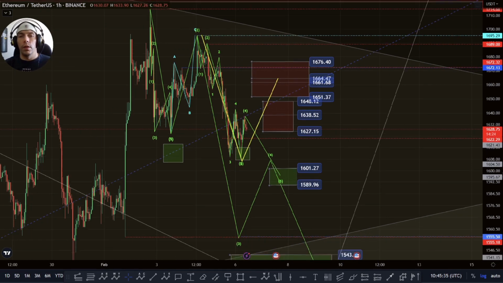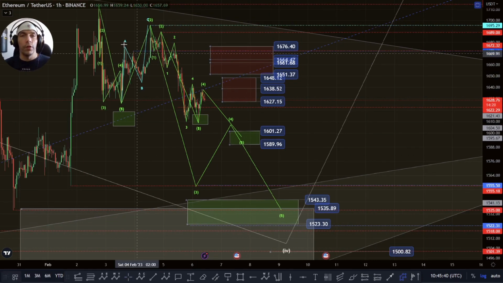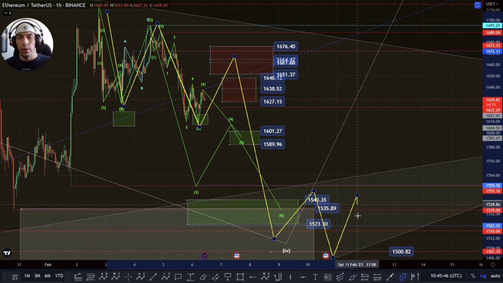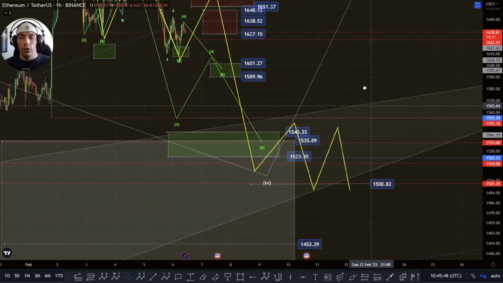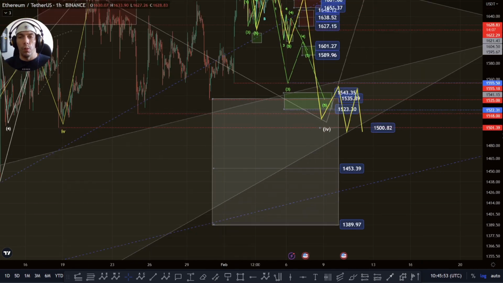So that would basically say to me that we are potentially extending here, where we get this as a 1-2, 1-2, and then actually we start to get that third, fourth, and fifth. So we get a fourth and another fifth, which could look to actually bring us down into these deeper zones we've been talking about for a while here.